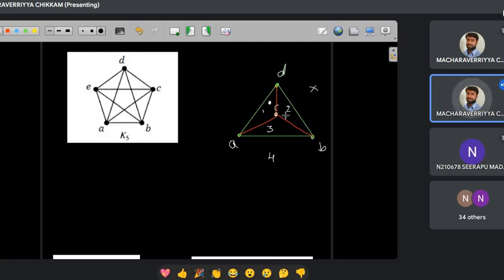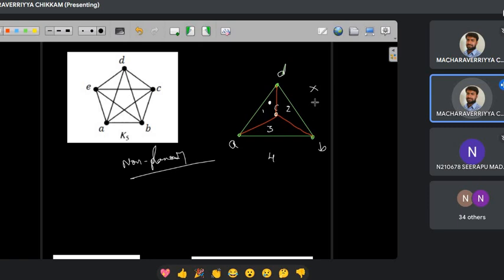If you take E in the second region, we get a problem with A. And if you take it in the third region, you get a problem with D. Now this says that this K5 is non-planar. So you write that illustration.